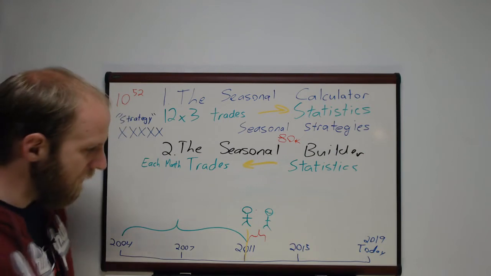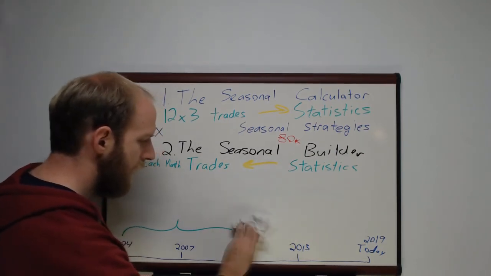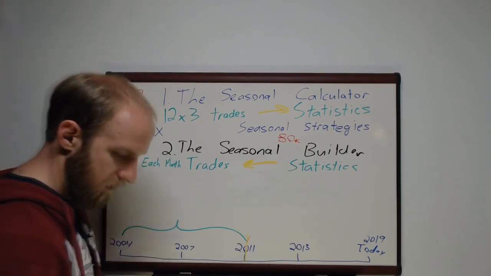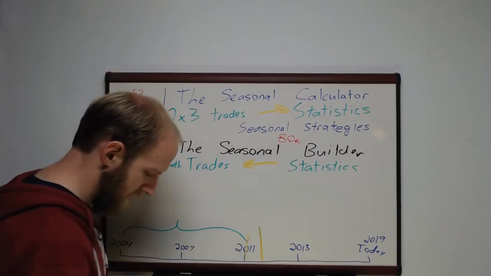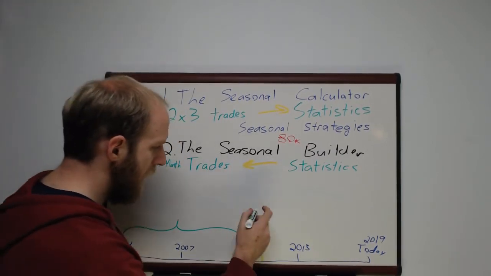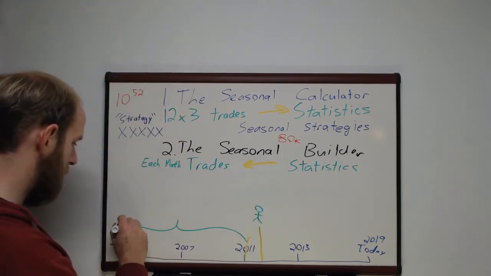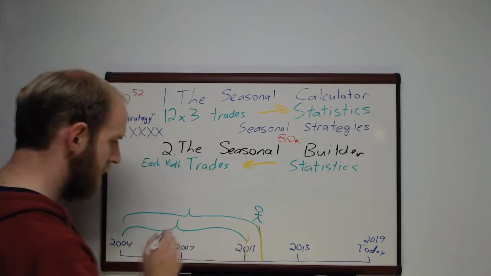And then you can do it all over again. You can say, well, now I'm standing on 2012. Now I have 1 more year of data under my belt. So again, I'm going to study this time frame all the way over to 2012.